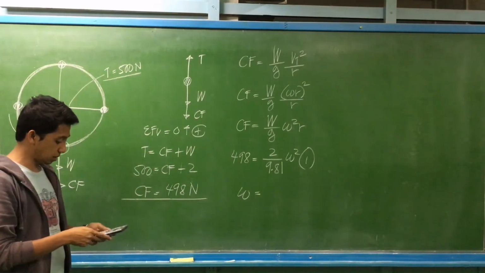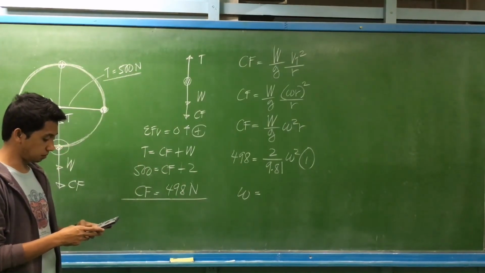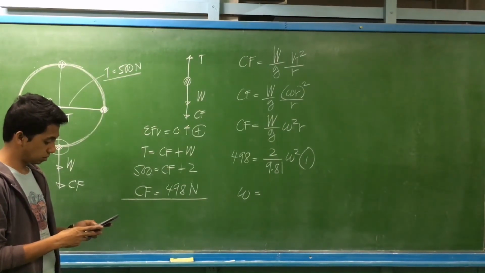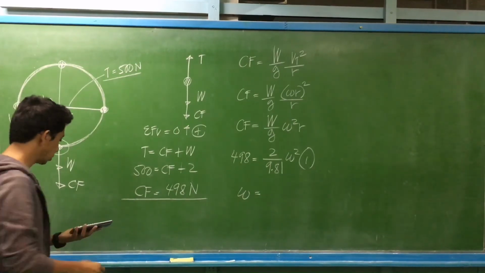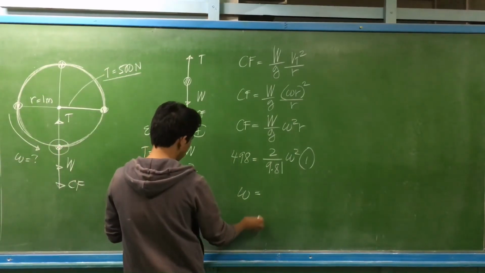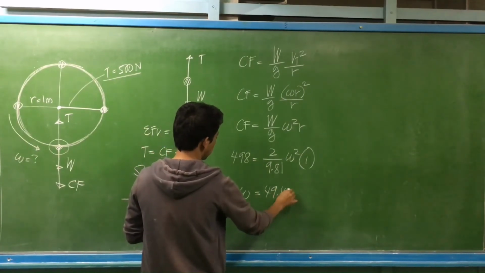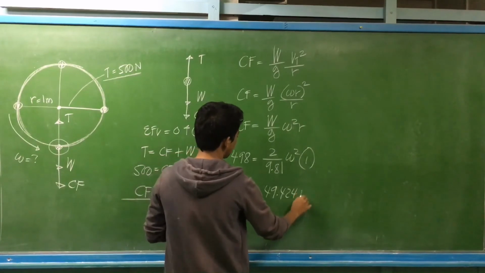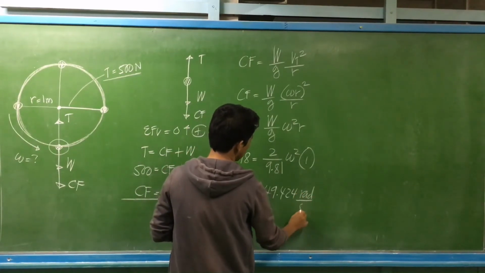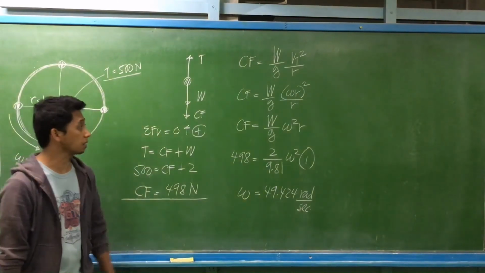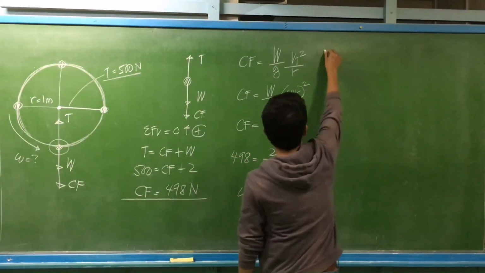That is the same as 498 times 9.81 divided by 2, then square root. So this is the same as 49.424 radians per second. But in our choices, the required unit should be in revolutions per minute.